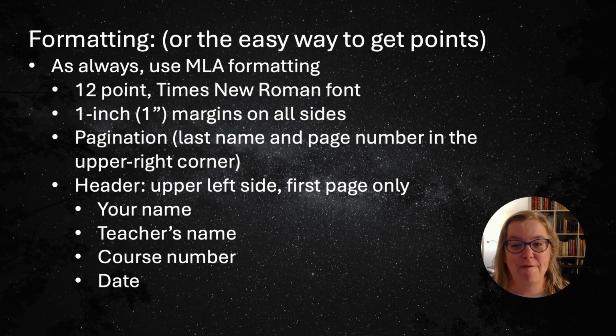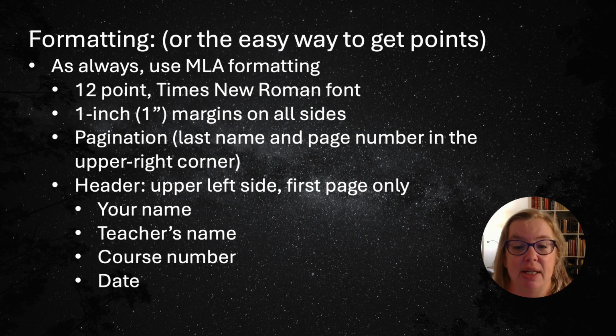Let's talk about formatting, because this is the easiest way to get points. I will repeat, this is the easiest way to get points. And some of you still haven't quite gotten that. So, for MLA formatting, which is always what we use, 12-point Times New Roman font, 1-inch margins on all four sides.